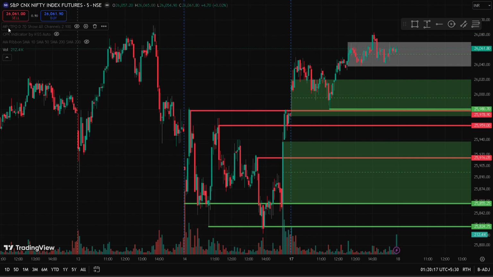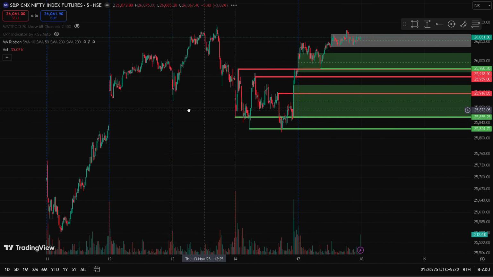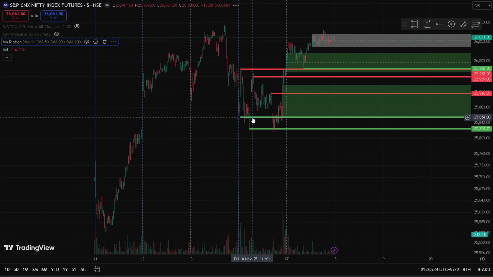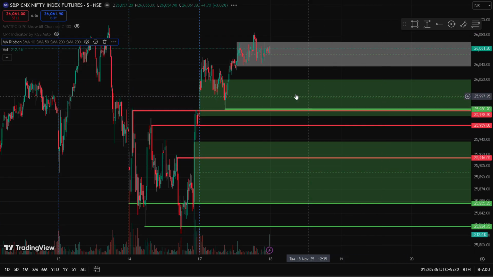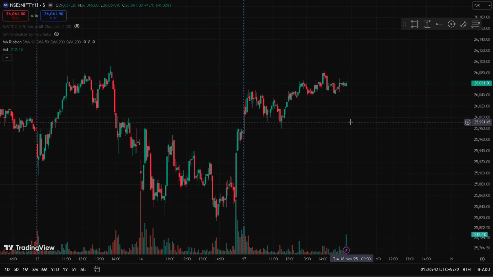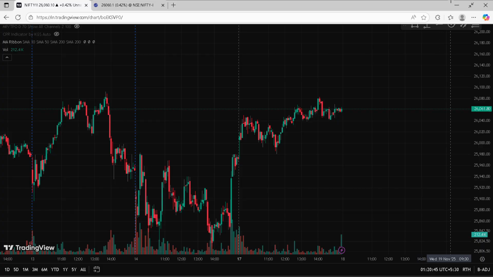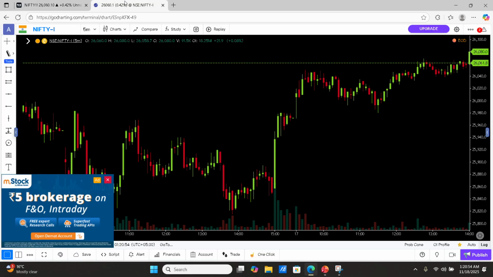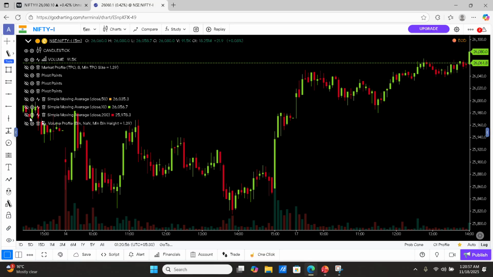Now let's see what the moving averages say. The moving average ribbon should have opened, but I don't know why it is not showing. Come on. What's the problem? Is it my network which is lagging? Maybe there is some problem and I am not able to showcase the moving averages.